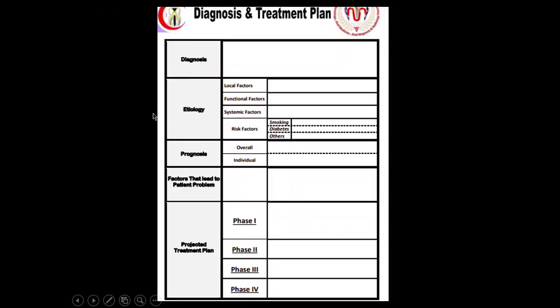The last one, or the last paper, is your diagnosis. We have two main diseases in periodontology, gingivitis and periodontitis.